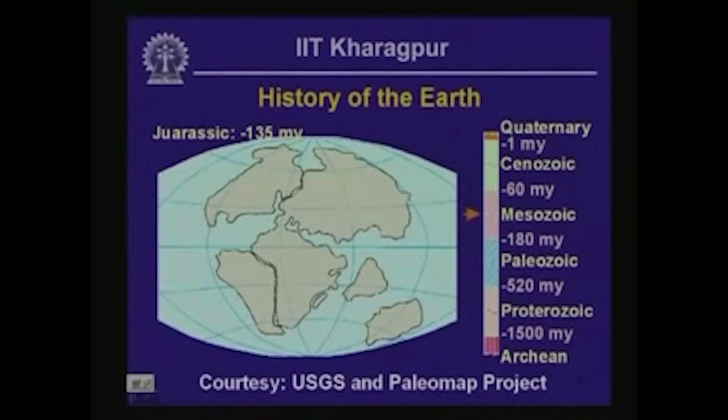You can see the outline of the continent of Africa and the South American continent. They are still together, but India has started drifting away from Africa. It is starting to drift north and east, and the Eurasian continent is still in contact with the North American continent.